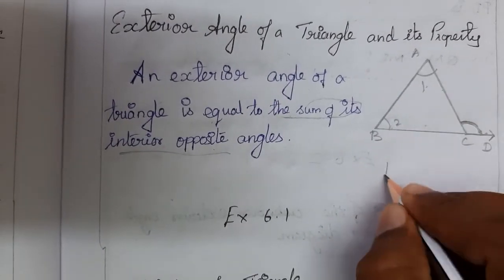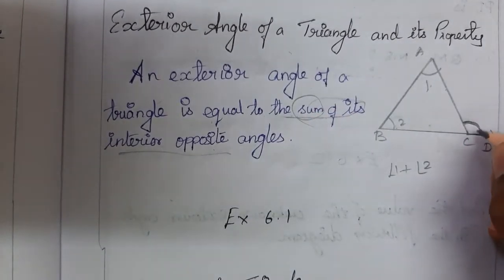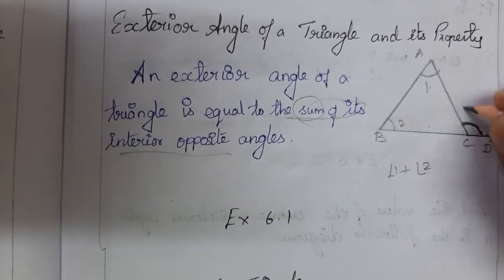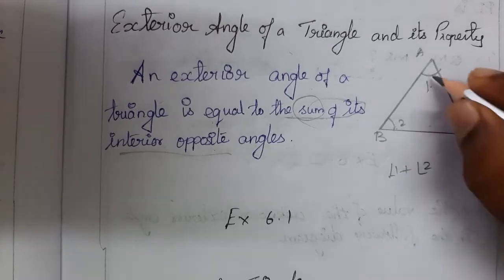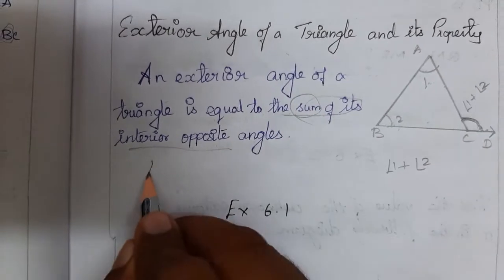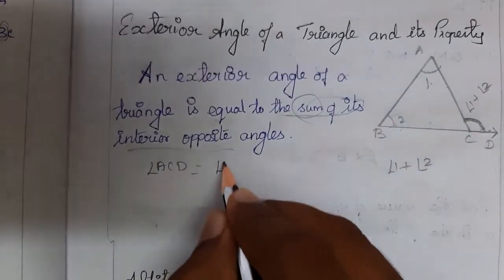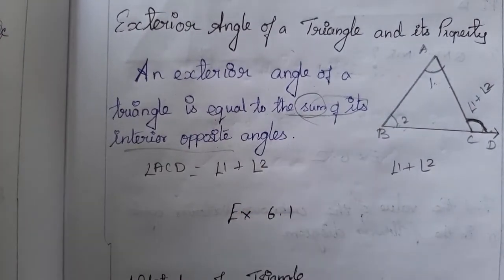If we add angle 1 plus angle 2, that will be this exterior angle. So I can say that angle ACD is equal to angle 1 plus angle 2. Clear?